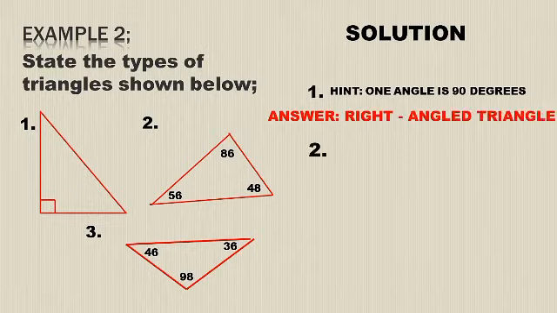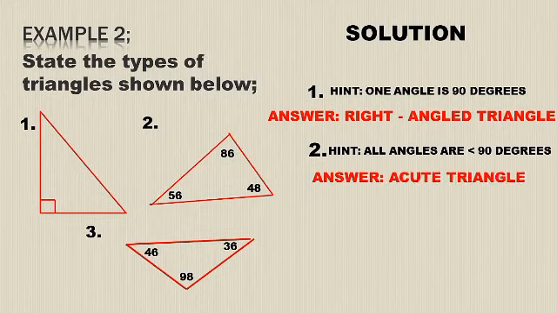Number 2, from my teaching so far, I told you that when you have a triangle having all of its angles less than 90 degrees, the lines meet at a point where they bend inward. So these angles, less than 90 degrees, we call acute angles.